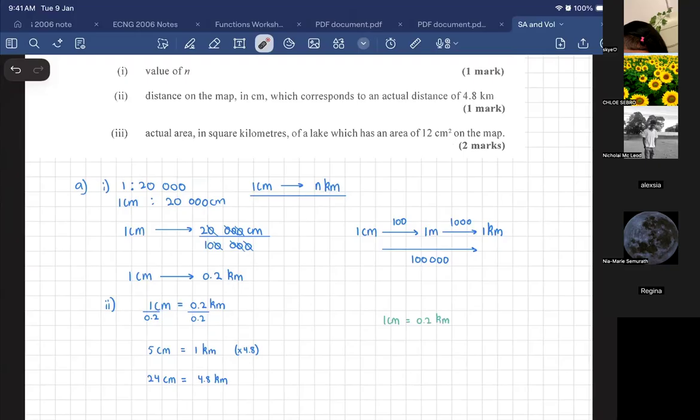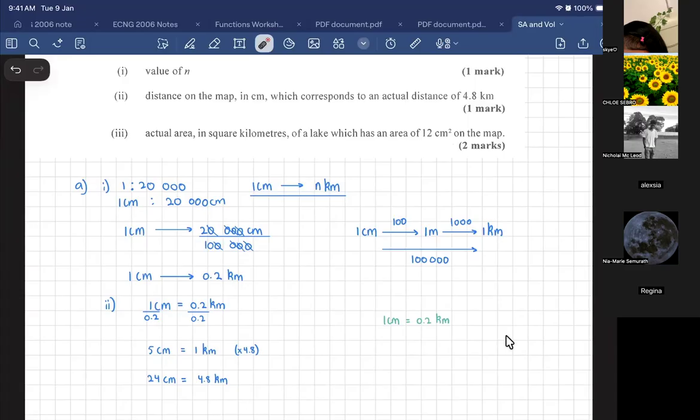Do you understand that or not? Okay, so 1 kilometer is equal to 5 centimeters, and they ask for 4.8 kilometers. You just divide 4.8 by 5.